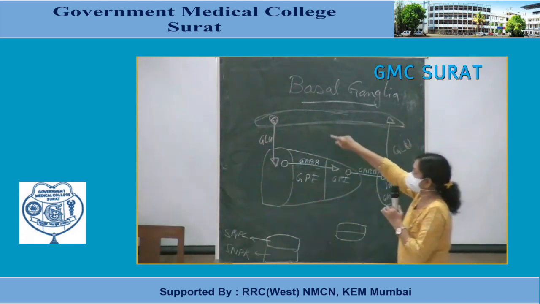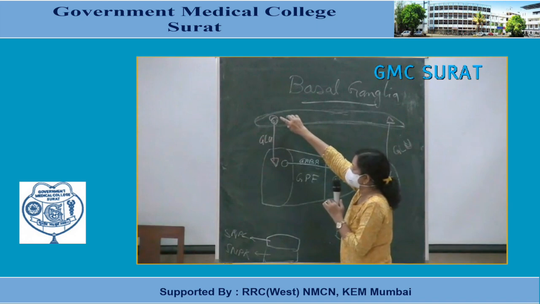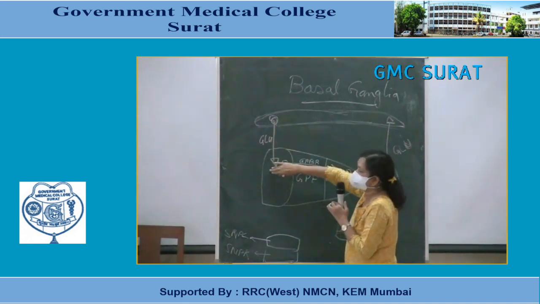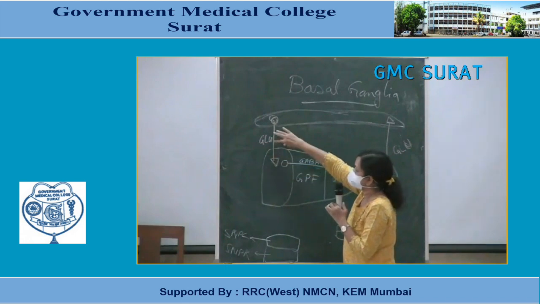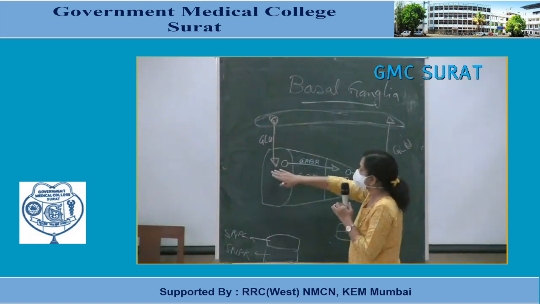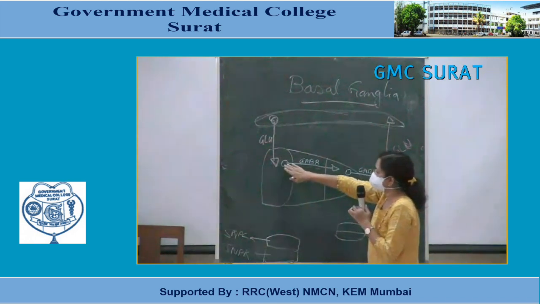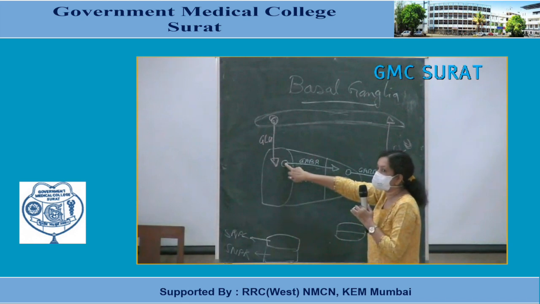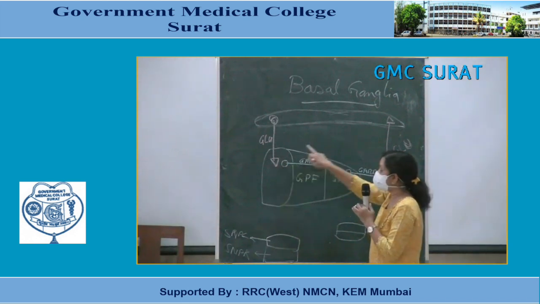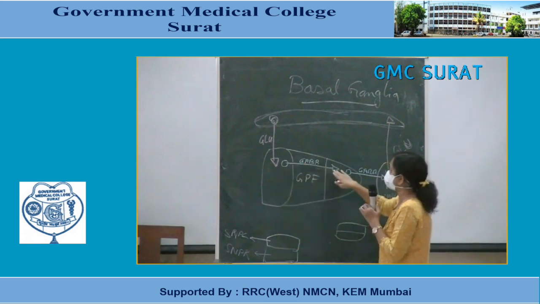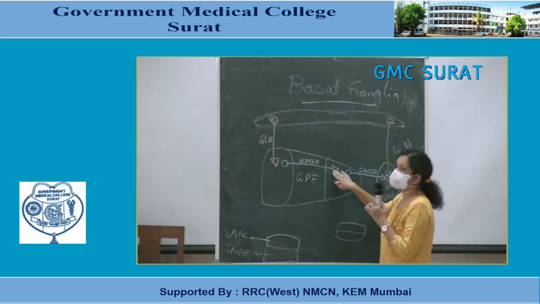I repeat, whenever the corticostriatal fibers are stimulated, they secrete glutamate. This glutamate will stimulate the GABAergic fibers originating from the striatum and terminating in the globus pallidus. These fibers will secrete more GABA.